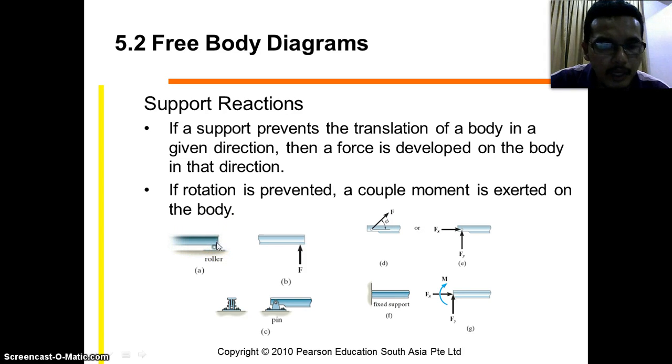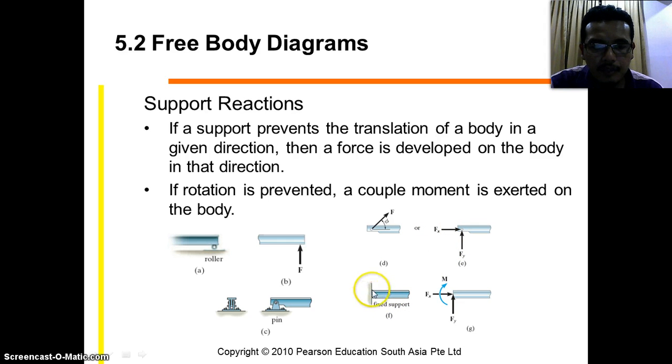So we have a force, because we don't want to allow translation in the y direction, so it will be a force in y. For C, it is a hinge support or pin support. So we have this connection for C, and then for D we have a force acting on this particular point at an angle. So we can break it up into the X component of the force and the Y component of the force.